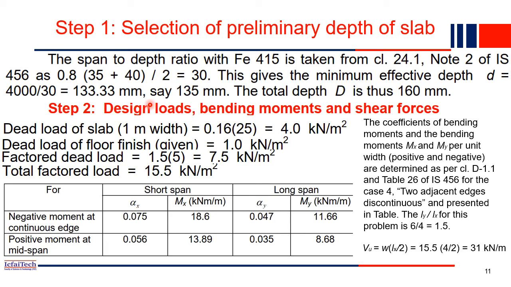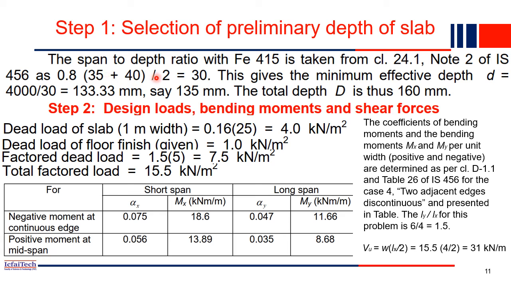If you go to IS 456 clause 24.1, then the value for the cantilever is given as 7, and for the simply supported case 20, and for the continuous case it is 26, right? So our slab has one side fixed, another side continuous. So that's why we have to take the average value. So 35 is for, I think, fixed, and 40 is for continuous.